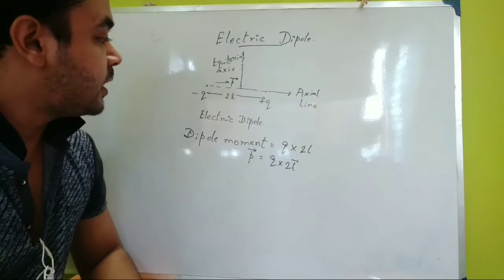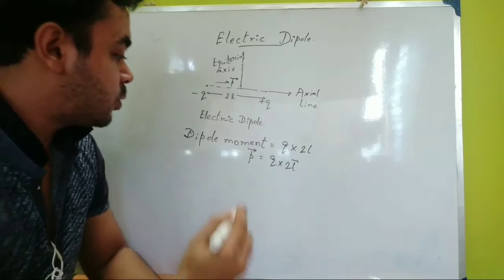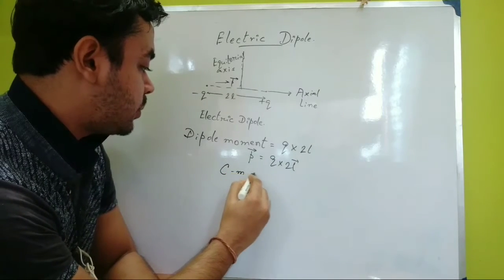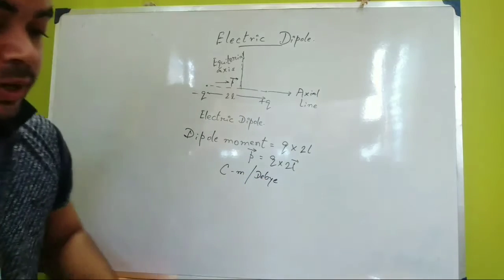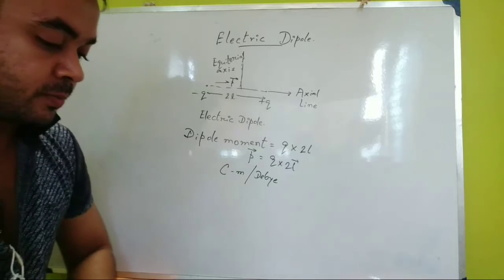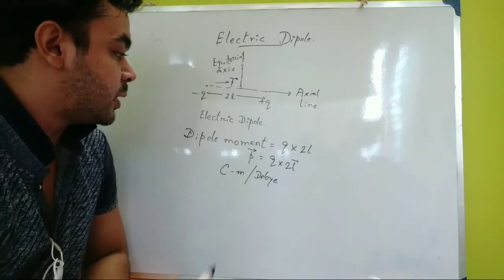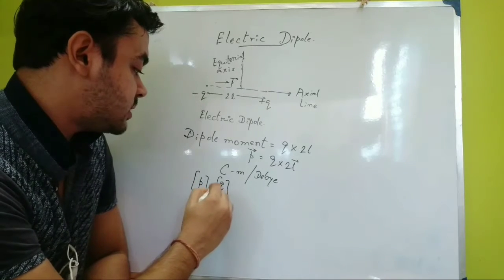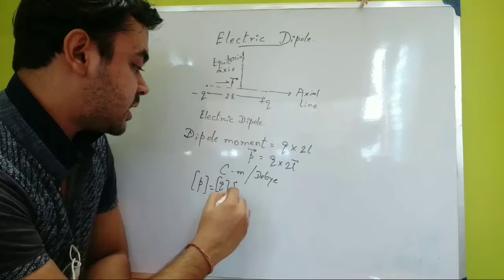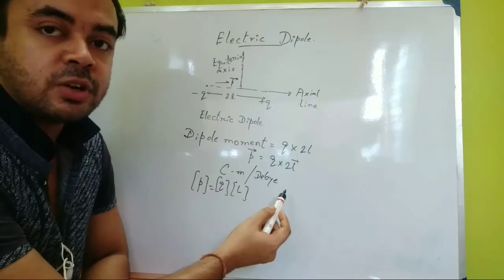The SI unit of dipole moment is coulomb meter. And the dimension of P will be the dimension of charge into the dimension of length.